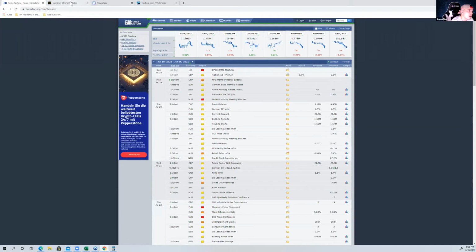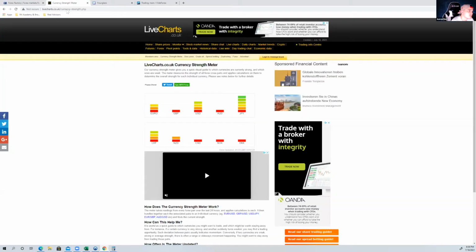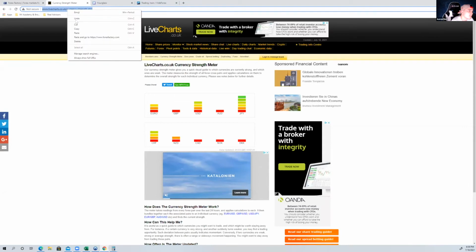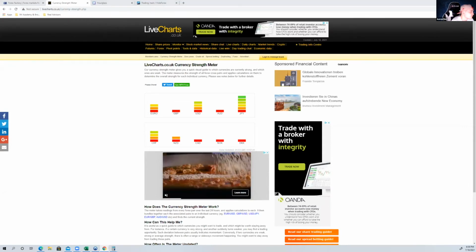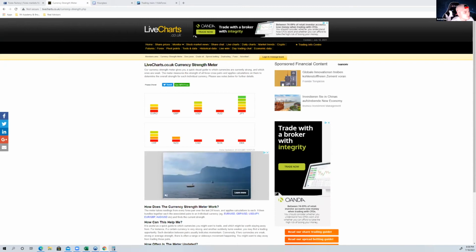Okay, so after that, we go over to the currency strength meter. Let me put this in the chat. All right, so everyone brand new, please look at the chat and then save and bookmark the live charts code, please.